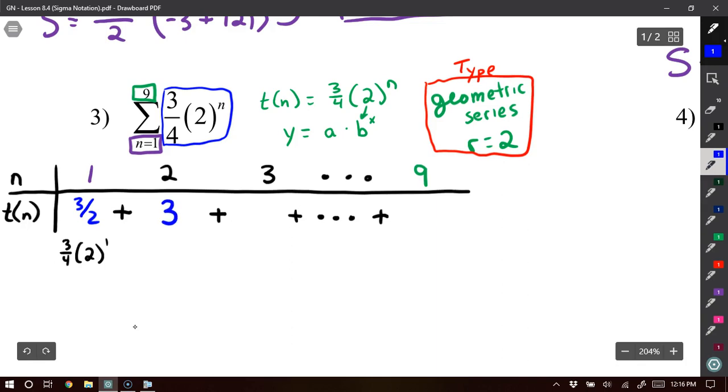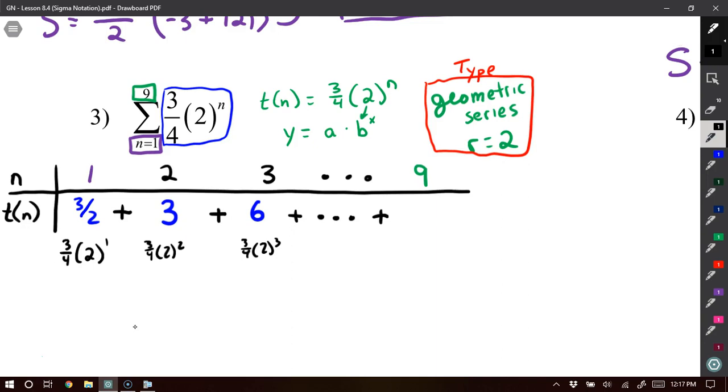I can multiply 3 by 2. And so a couple of those numbers are going to be a little bit easier to do. I don't have to input 3/4 times 2 squared, 3/4 times 2 cubed. But I do need to think about it for this one right here.